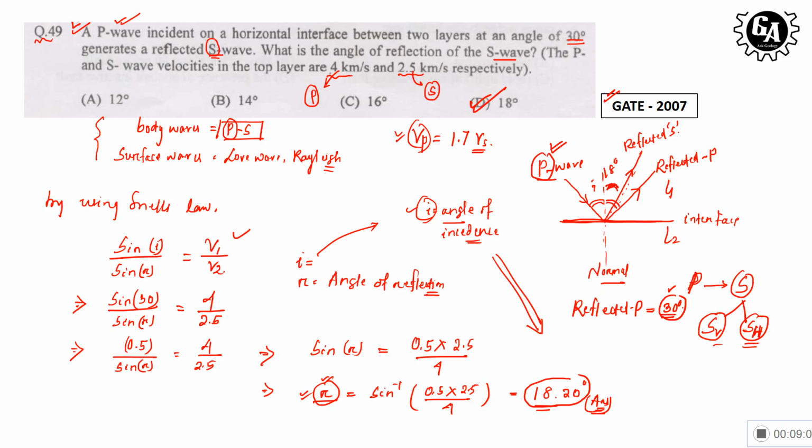This is your 30 degrees. So here you got a clear idea why the angle of incidence and angle of reflection are changing, because we are talking about P wave incidence and reflected S wave. Depending on this, you can think of density, or you can correlate, no problem.